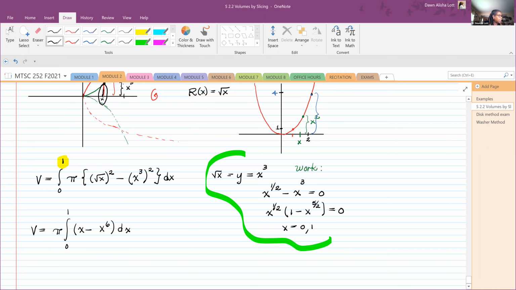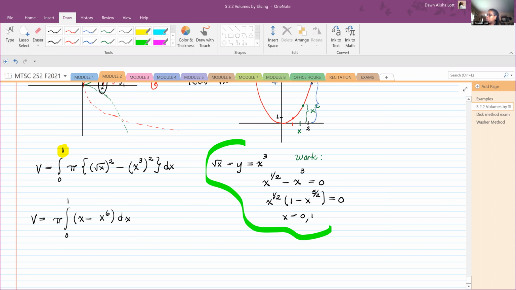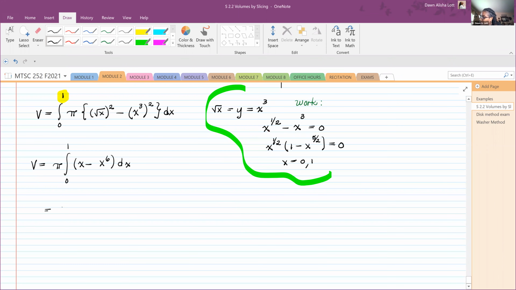I integrate that real easy. That's pi times 1/2 x squared minus 1/7 x to the 7, evaluated between 0 and 1. And my answer is 5 pi over 14.